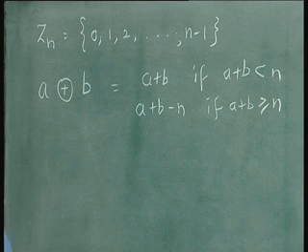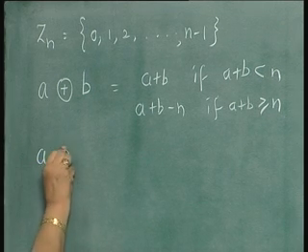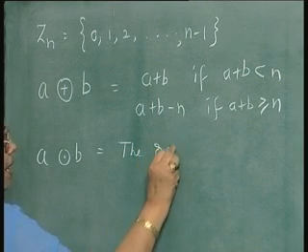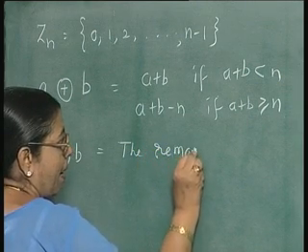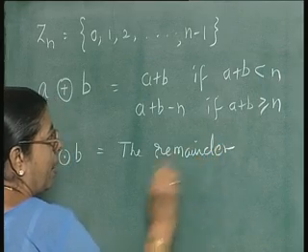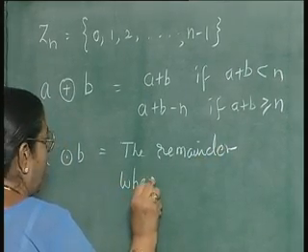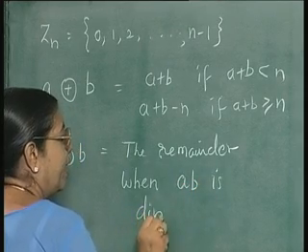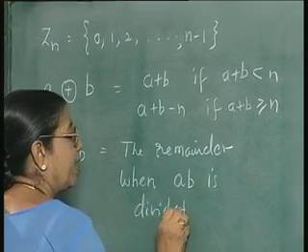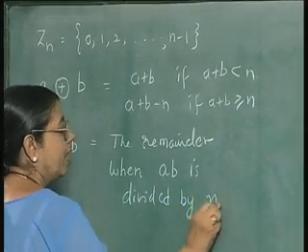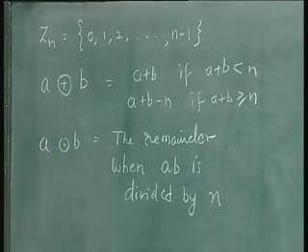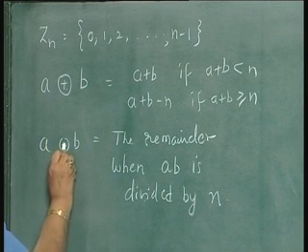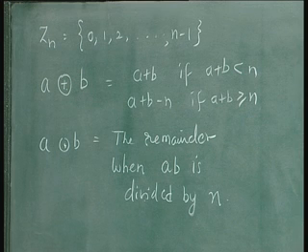That is mod n addition, and A dot B is the remainder when AB is divided by n. If you define these two operations, this is mod n multiplication, and this is mod n addition.